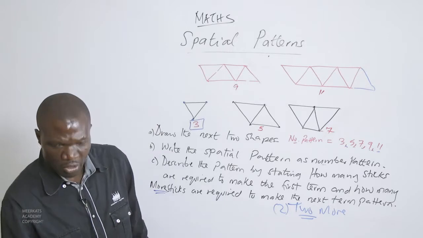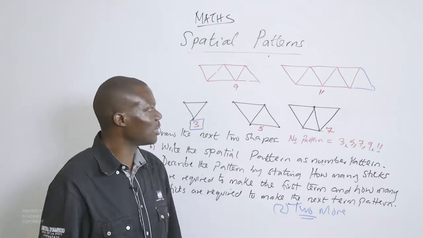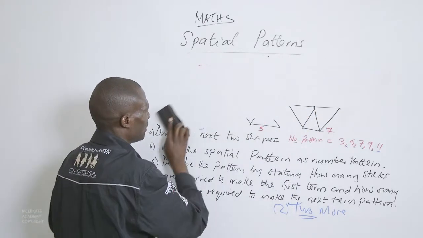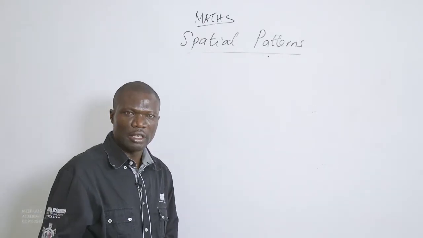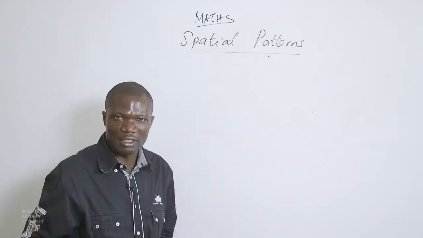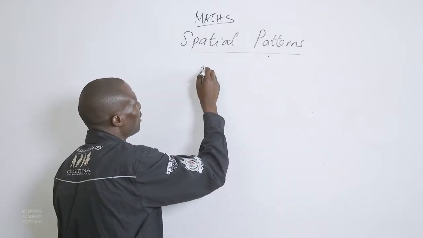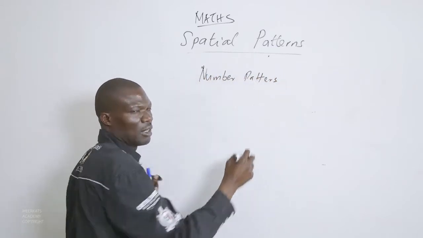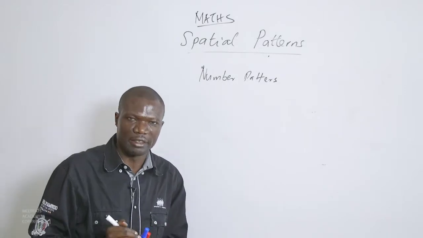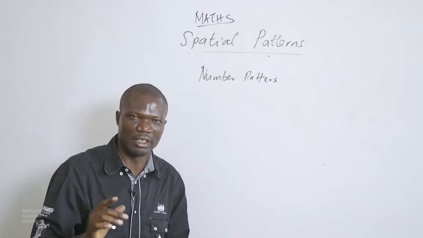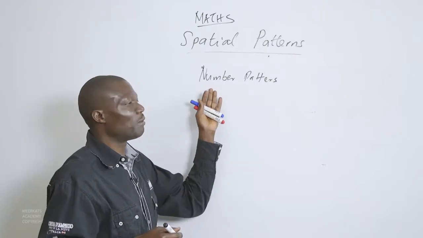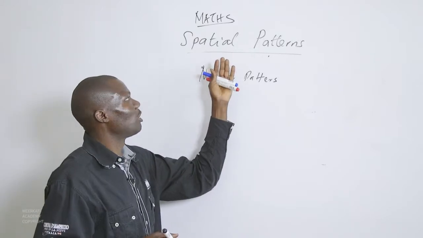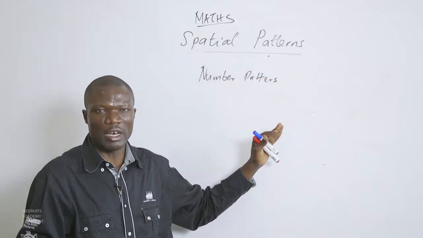So in general, you should have learned today that when we talk about the number patterns and the spatial patterns, they are simply related. And if they are related, we should be able to develop a number pattern basing on the spatial pattern diagrams that we have.